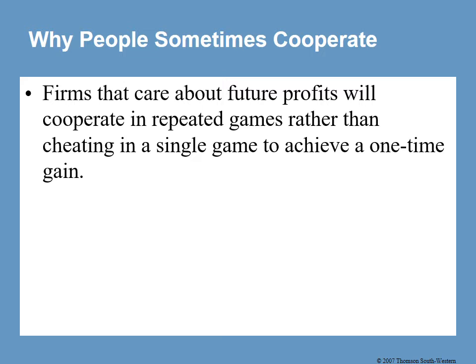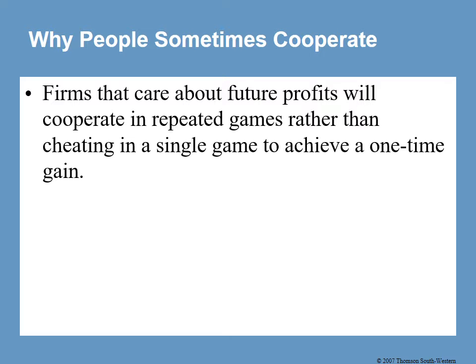For example, Pepsi and Coca-Cola are famous for this. They've kept prices at a reasonable rate because they know that their profit is going to be higher than if they both try to outbid one another. So sometimes they can cooperate. Now, as the number of firms in the industry, in the oligopoly go up, as we maybe have 6 or 7 oligopoly firms in the same industry, clearly cooperation gets harder and harder and harder.